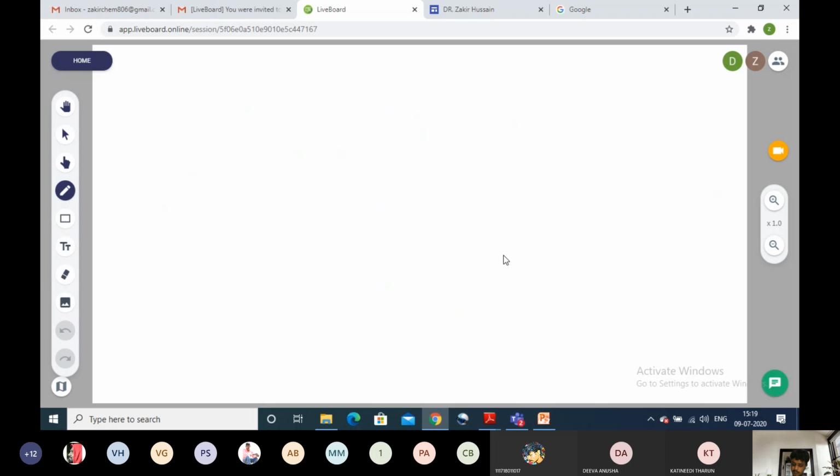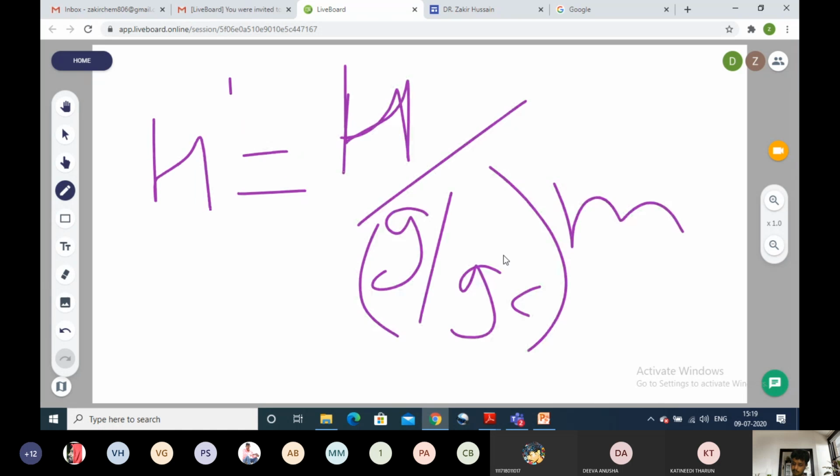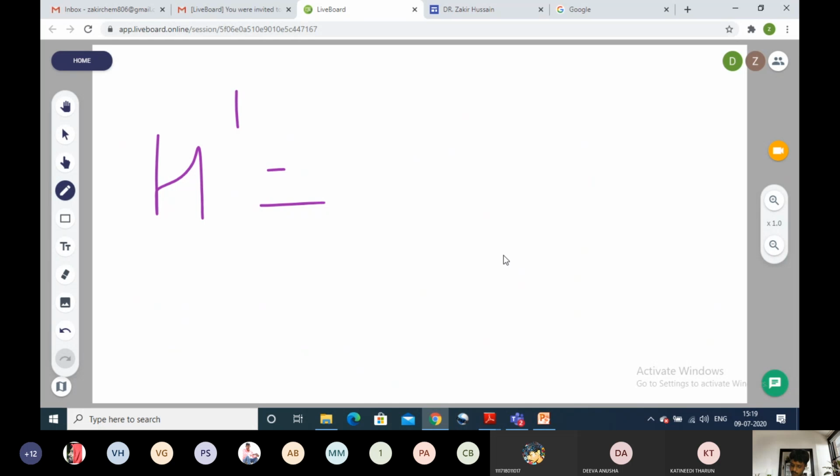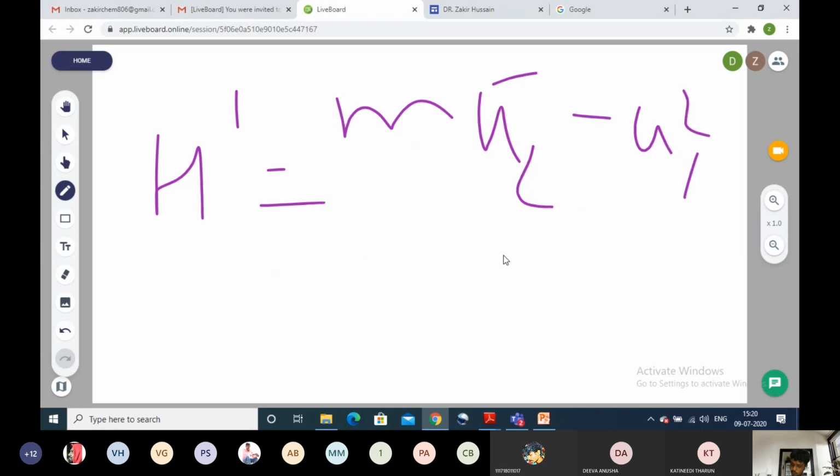Therefore, now we can write H dash is equal to, H is already there. In place of this H, we have to substitute this one. So that is nothing but m into u2 square minus u1 square divided by 2j Gc.